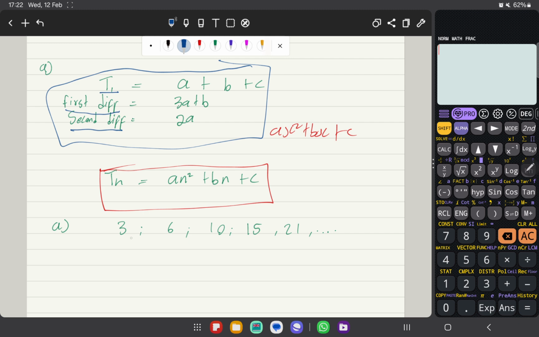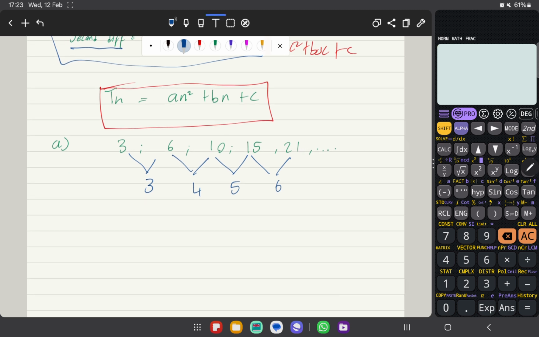The numbers are not gonna be the same. Here I have 3, 6 minus 3. Here I have 4 from 10 minus 6, then 5 from 15 minus 10, and 6 from 21 minus 15. Then you realize the second differences are all the same.